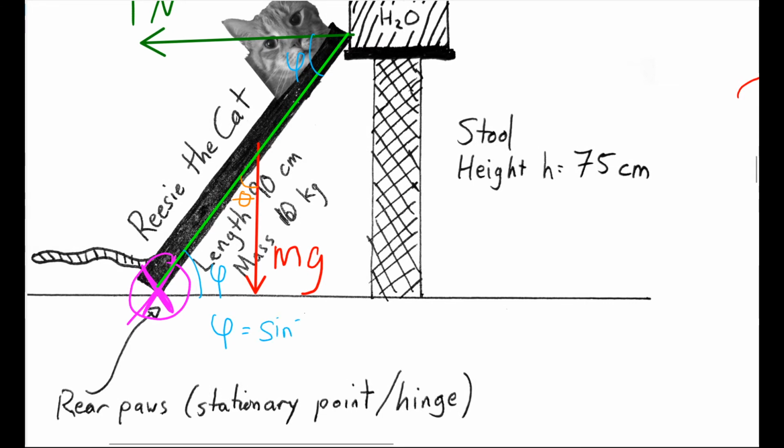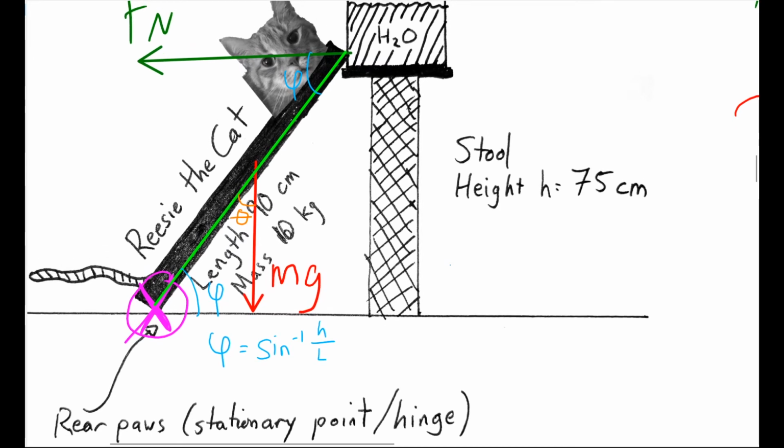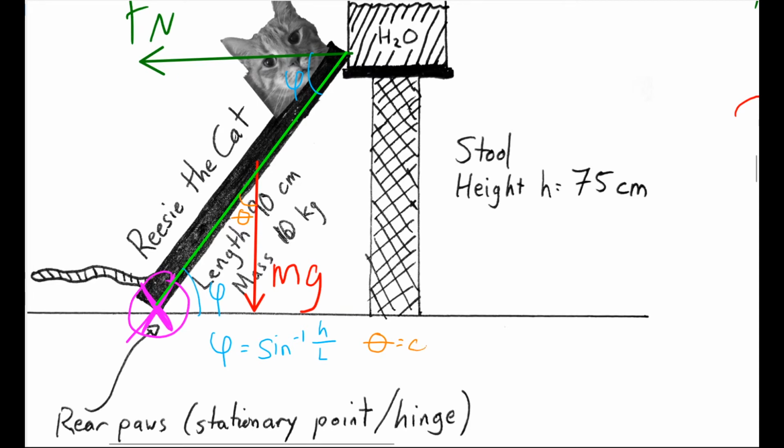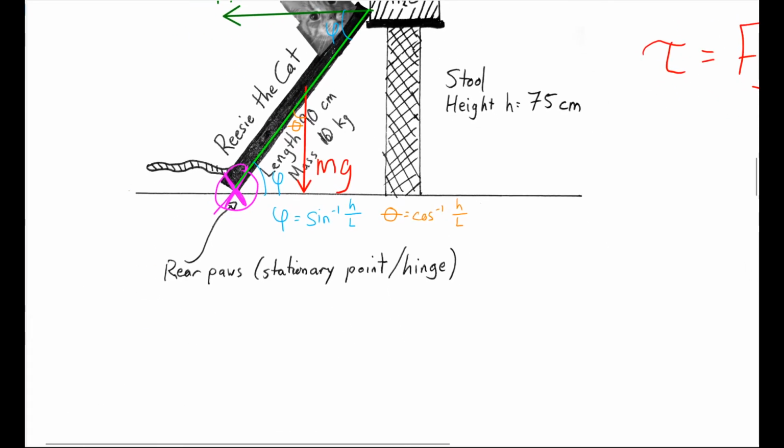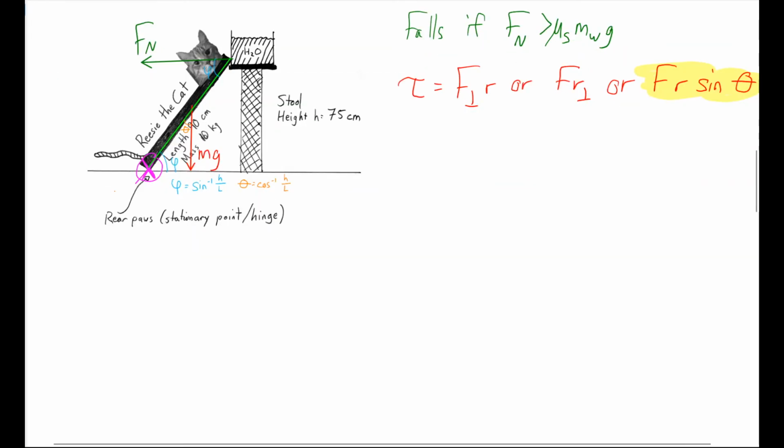So this is the inverse sine of the height over the length, and theta will be the inverse cosine of the height over the length. And we'll just leave it in terms of phi and theta and plug those things in later. So now, let's calculate the torques.